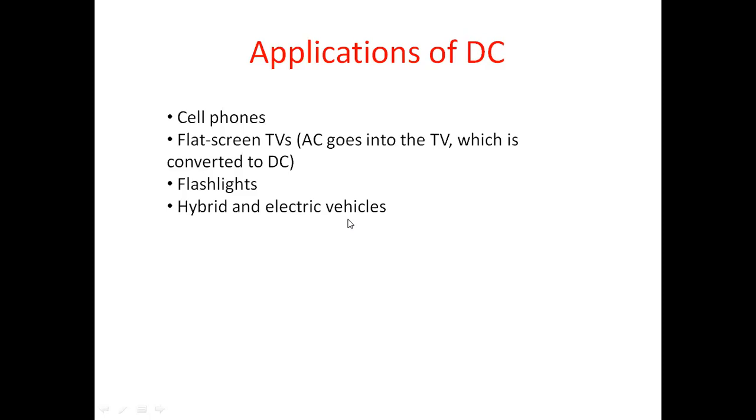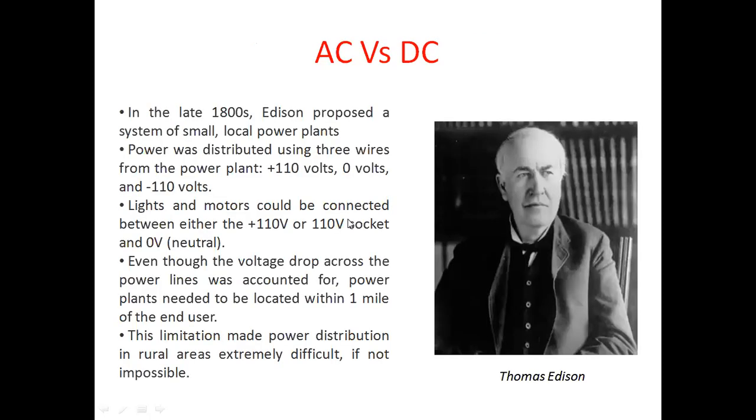Next point we will see is AC versus DC. In the late 18th century, direct current could not be easily converted to high voltages. As a result, Thomas Edison proposed a system of small local power plants that would power individual neighborhoods or city sections. The power was distributed using three wires from the power plant.